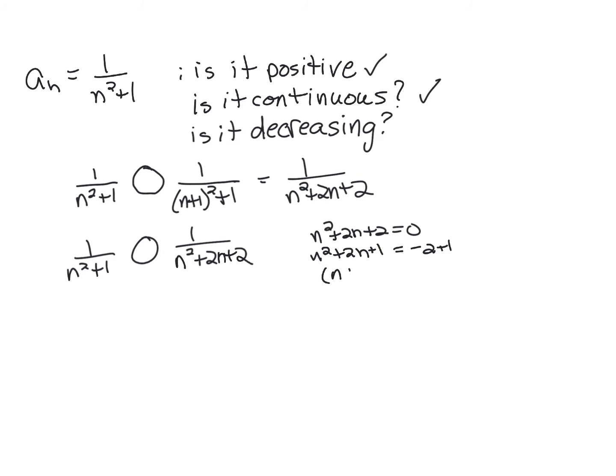This is going to give me a perfect square on the left and a negative number on the right. When I take the square root of both sides, I'm going to get an imaginary number. So this thing never equals 0, and it's always positive. Okay? So that was my little thought bubble there. Prove that it's always positive.